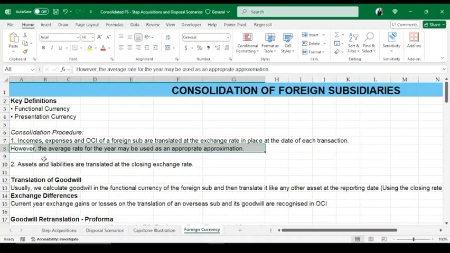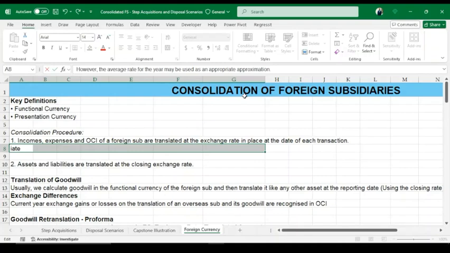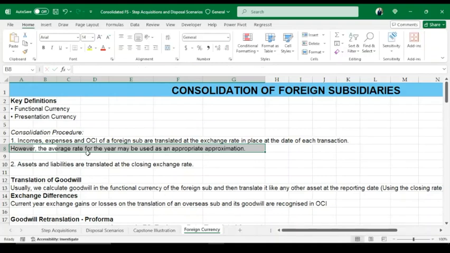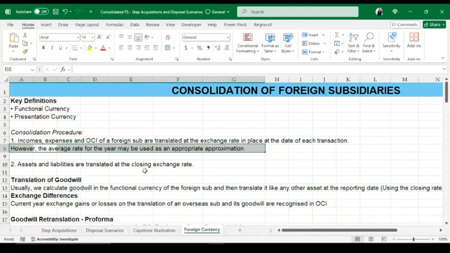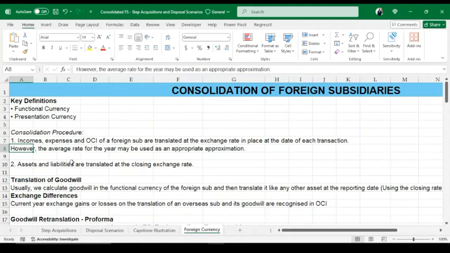So what we are saying basically is that we use the average rate because that is quite easier to determine at the year end. So that is what we use to translate the operations of the foreign subsidiary.